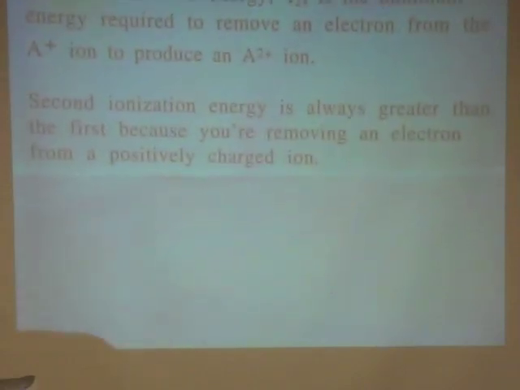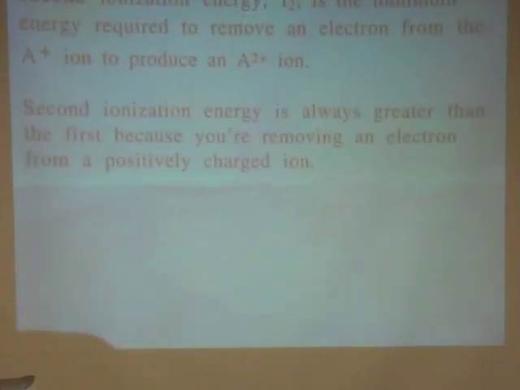Second ionization is always greater than the first because you're removing that electron from a positively charged ion. What you have then in your positively charged ion is greater effective nuclear charge.